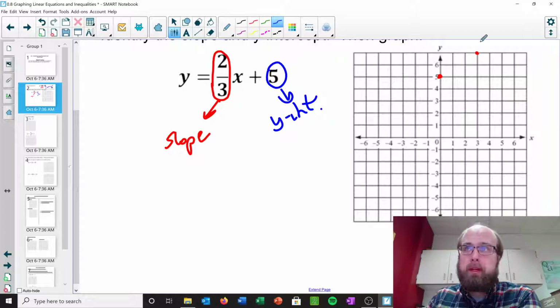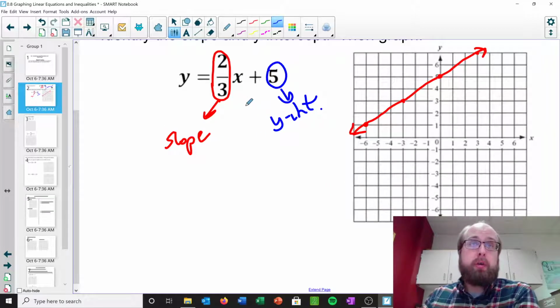We could keep going up here, but that's going to go off the graph. Once you go off the graph, you can just go the opposite way. Rather than going up and to the right, we could go down and to the left, down 2, left 3. Then we have a bunch of points, so we connect them up, and that is our graph.